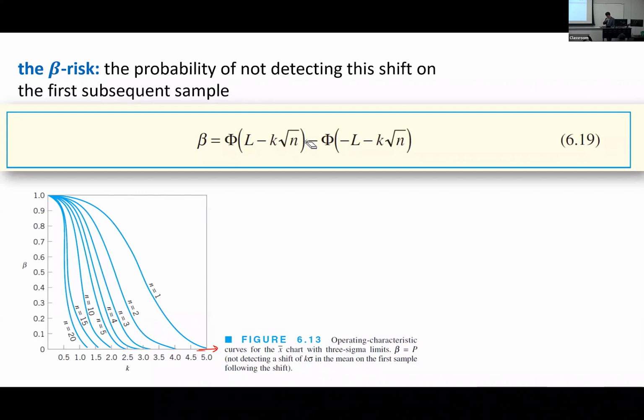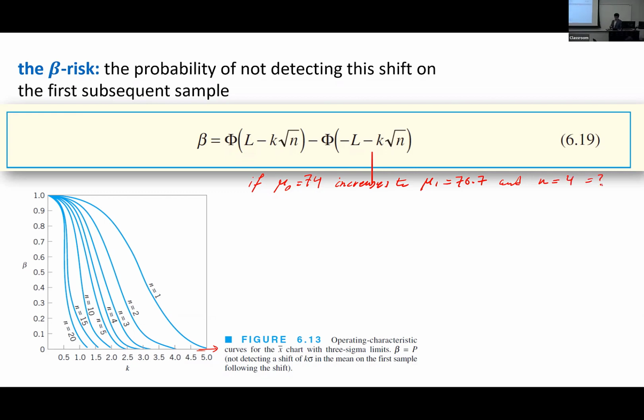So if I ask you, what's the beta risk if the mean 74 increases to mu1 equals 76.7, and sample size is 4?